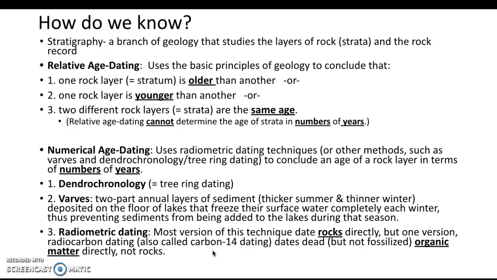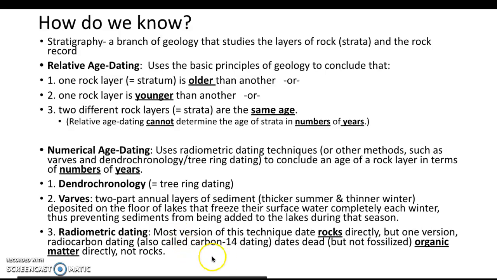For example, uranium, fairly unstable, will naturally decay into lead over time. So by looking at the ratio of uranium to lead in rocks, we can figure out a date pretty accurately.